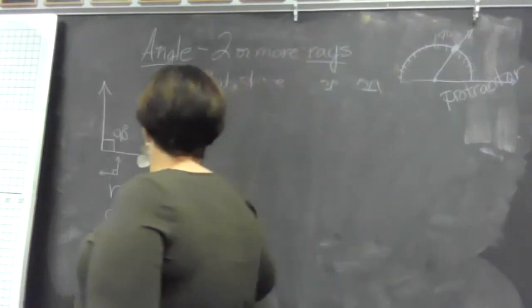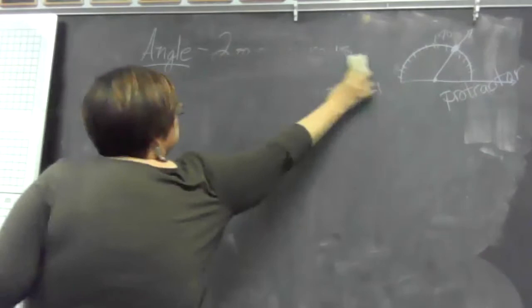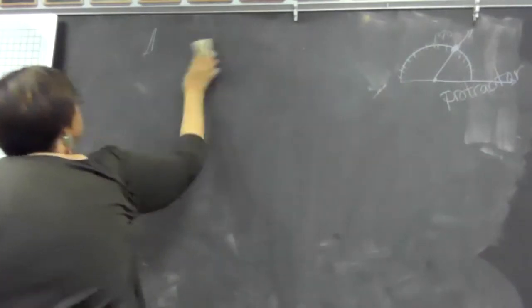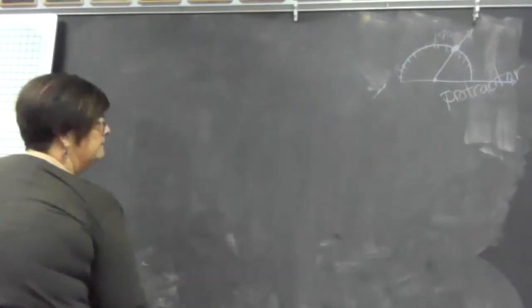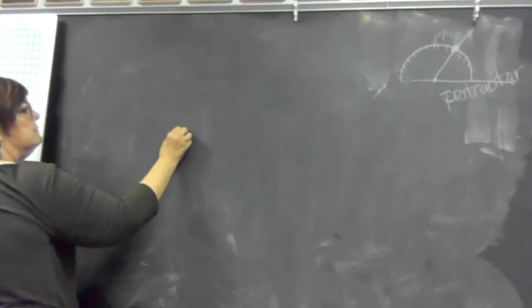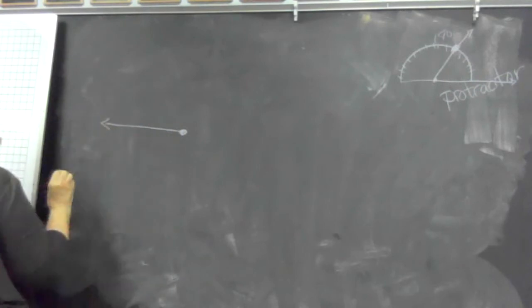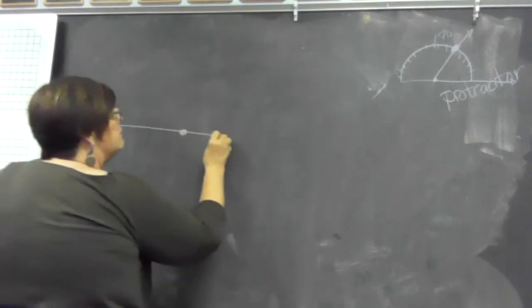I've never heard of a straight angle. You're going to need to use a straight angle, so I will tell you what a straight angle is. Here's the vertex, and here's one of the lines of the angle, right? Here's the other line of the angle.